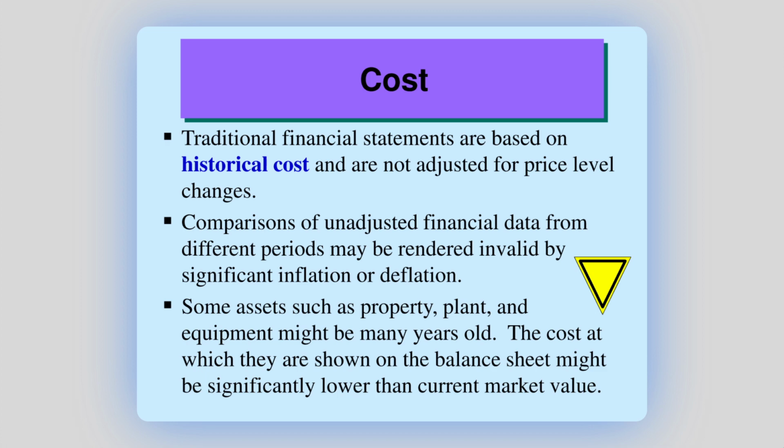Okay, so some assets naman, like property and equipment, might be very old. So yan yung ating part. Kaya very important na we need to consider also. So the costs are shown also in terms of our balance sheet.